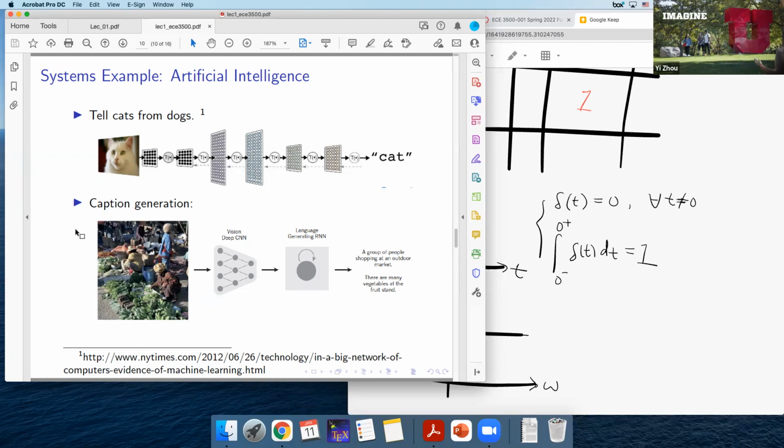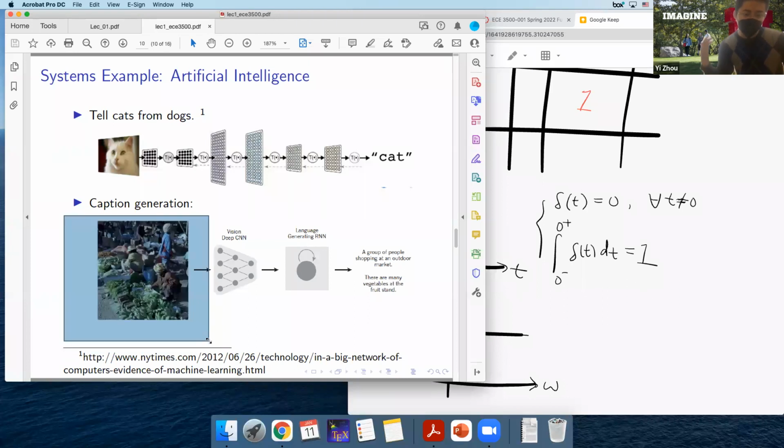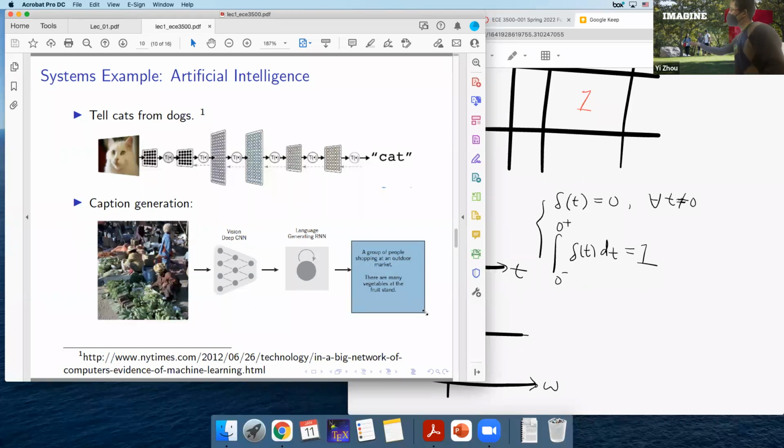I was totally surprised because all I had done was take those pictures. So for that system, the input is an image, and then the system will generate a proper sentence to describe its content.